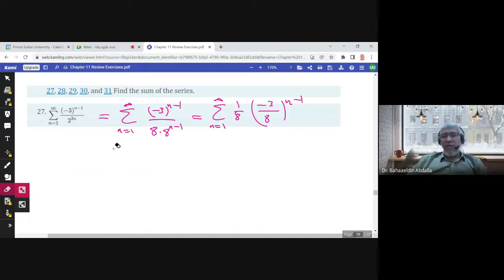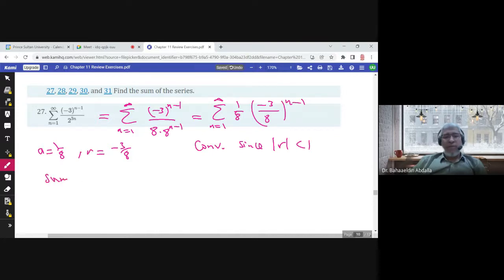So this is written in the form which we know, the form of the geometric series, a times r to the power n minus 1. So a is 1 over 8 and r is negative 3 over 8. And it's clear that this is a convergent geometric series because the absolute value of r is less than 1.